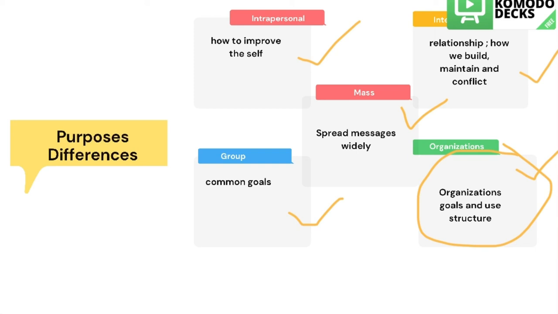So if you want to identify an event of communication, please make sure what the goal of the communication is, because the number of people involved is not the only category to identify the level of communication.